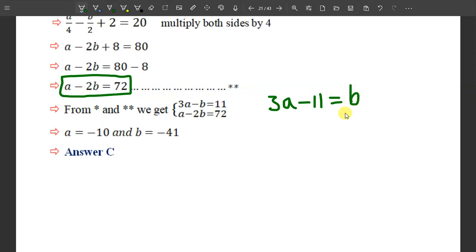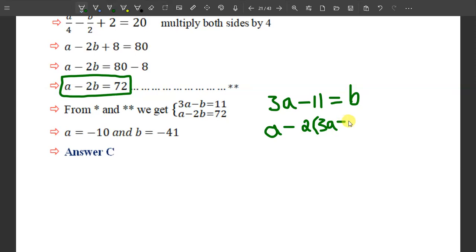And then substitute this value of b, the equation you have obtained here, in the second equation. It becomes a minus 2 times, instead of writing b, you can substitute 3a minus 11.